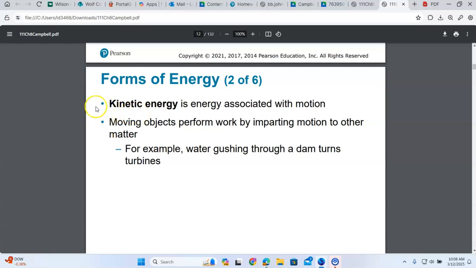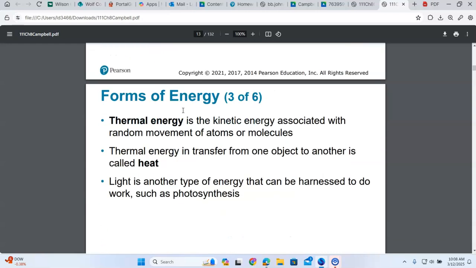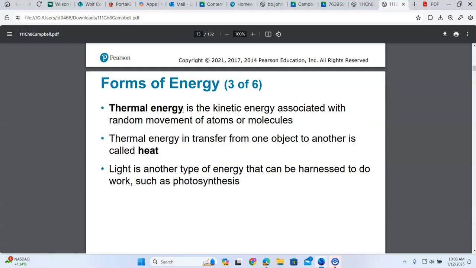So you may know the difference between kinetic and potential energy. You may have learned this in a science class before, that kinetic energy is the energy of motion, whereas potential energy is stored energy. Thermal energy is kinetic energy associated with the random movement of atoms or molecules.